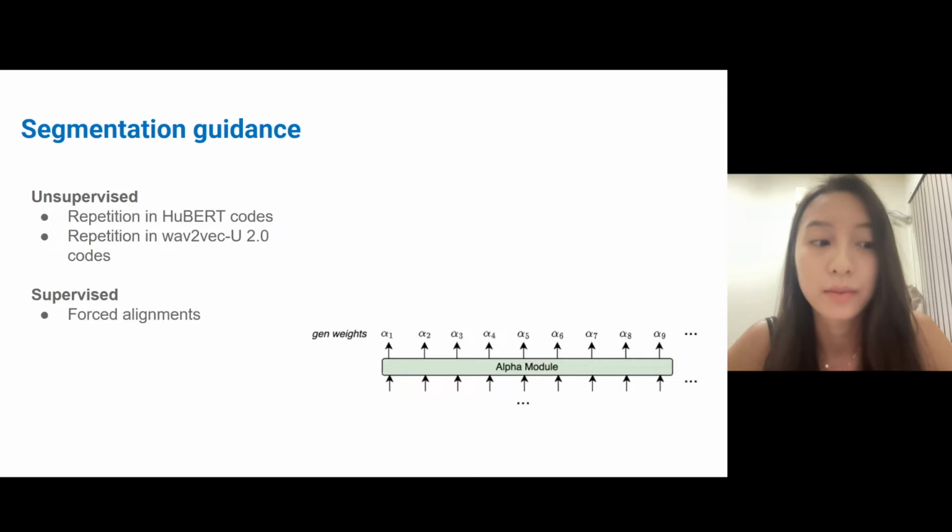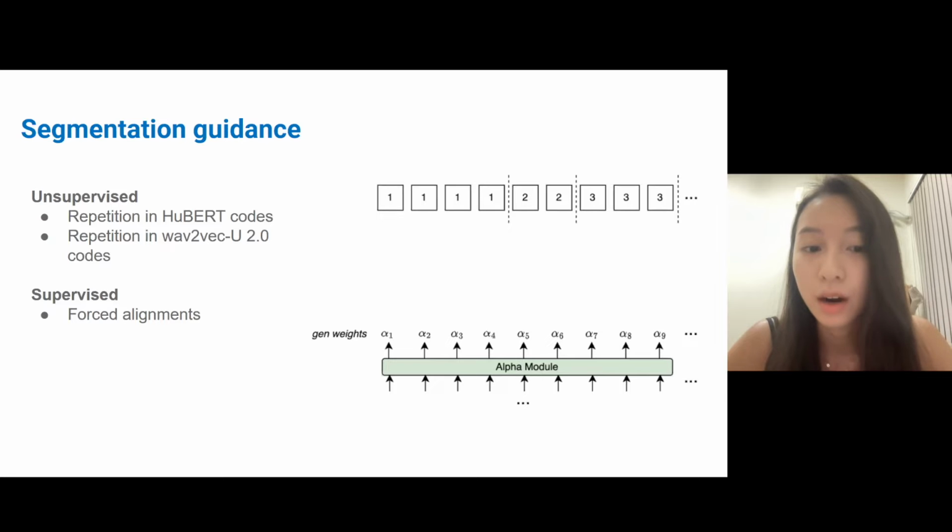And in the case that we have access to some pre-extracted boundaries, a guidance loss can be added on top of the original SSL loss to guide the alpha module's prediction to learn more meaningful boundaries. So for example, if we have some unsupervised SSL codes, the boundaries are obtained by the repetition in the codes.